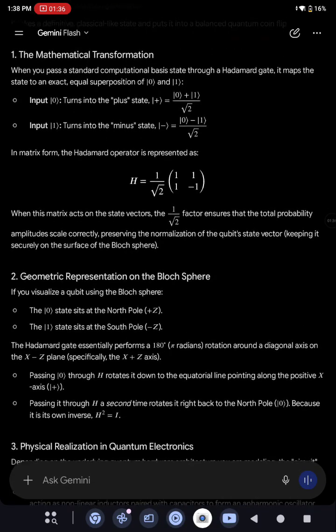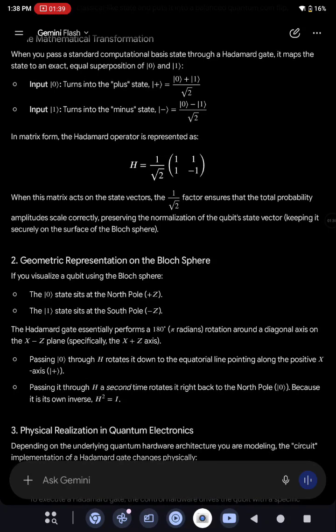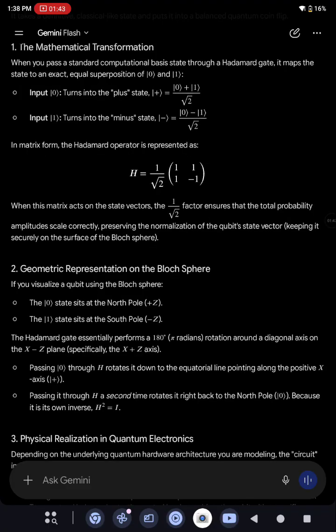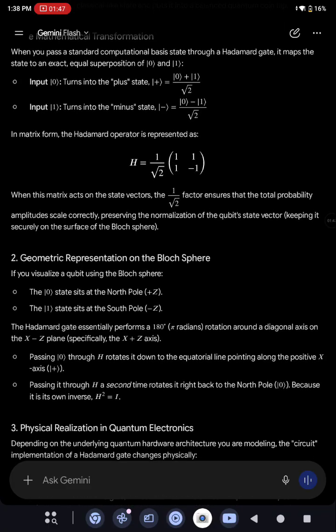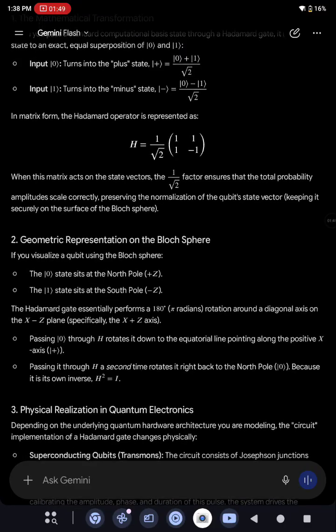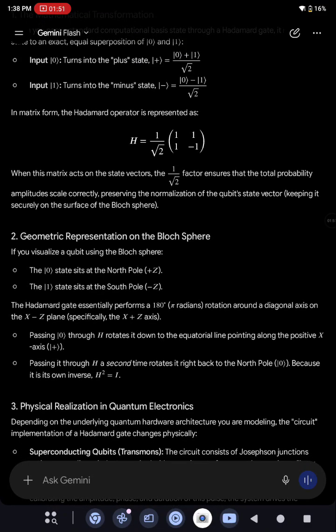The mathematical transformation, when you pass a standard computational basis state through a Hadamard gate, it maps the state to an exact equal superposition of 0 and 1. So on input 0 turns into the plus state, state 0 plus state 1 over square root of 2.